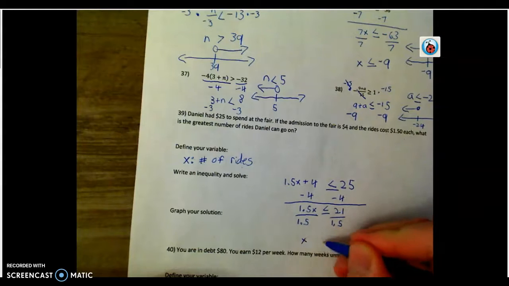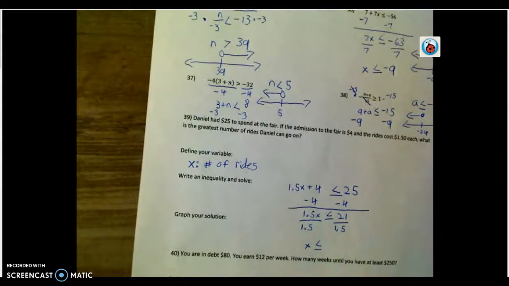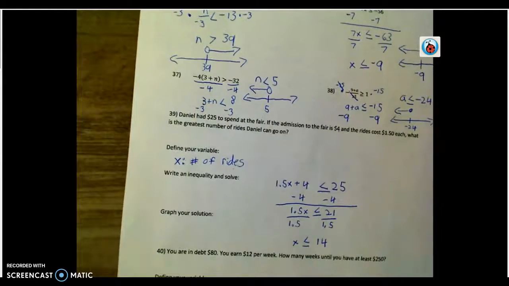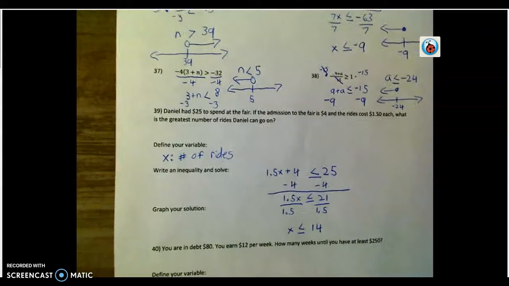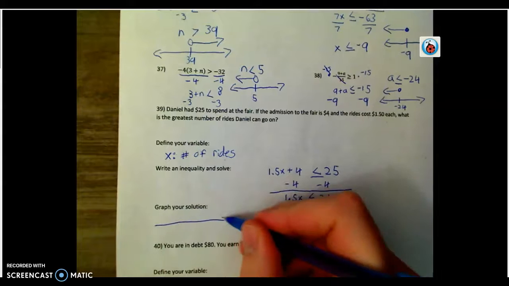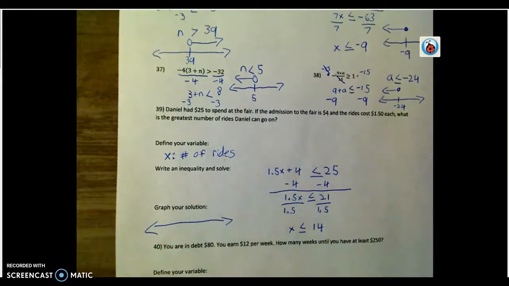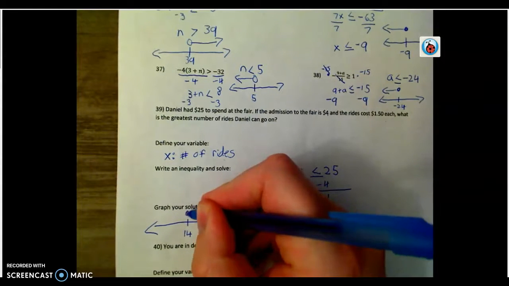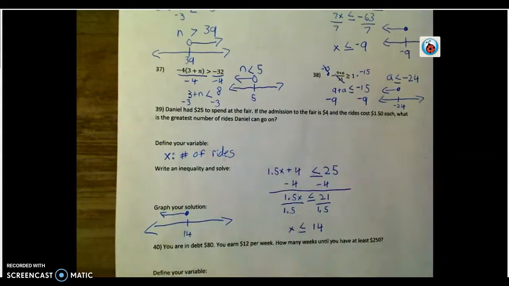We get x is less than or equal to, let me pull out my calculator for a second, 14. So you can ride 14 or fewer rides if you go to the fair. So when you graph it, we just got to make a number line. Boundary point at 14, closed circle, going to the left.